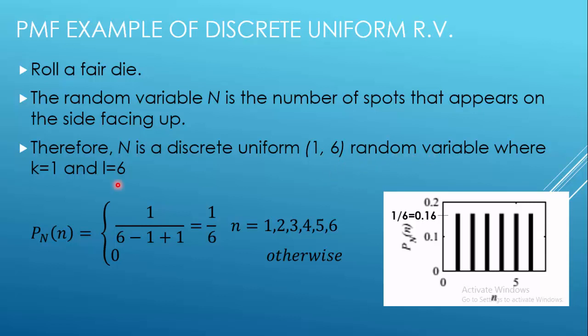So k is equal to 1 and L is equal to 6. In that case, P of n is equal to 1 divided by 6 minus 1 plus 1, which is 1 by 6. So we know that the probability for each number is 1 by 6. For n equal to 1, it is 1 by 6. For 2, it is 1 by 6. For all, it remains the same, 1 by 6.